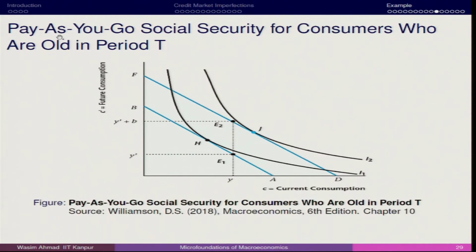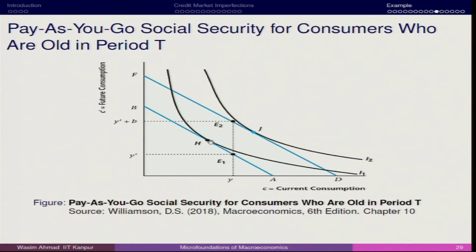So, here we have pay as you go social security for consumers who are old in period T. In period T, this particular individual is not going to be bothered so much, so he is at H, right. The moment he gets the social security benefit from pay as you go, he is on a higher indifference curve. He can enjoy the consumption here.